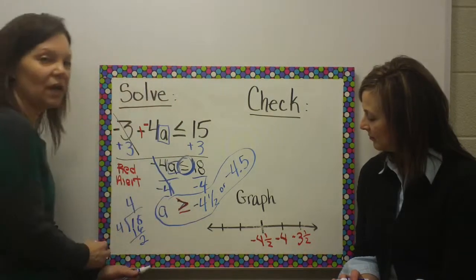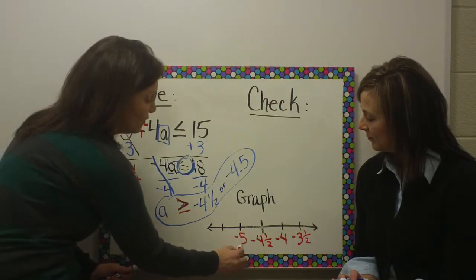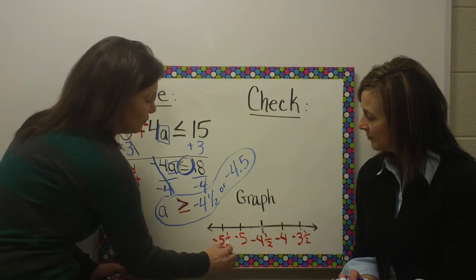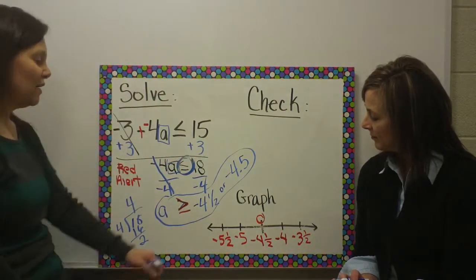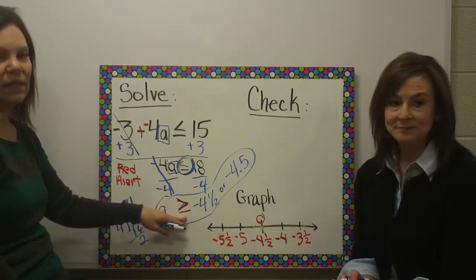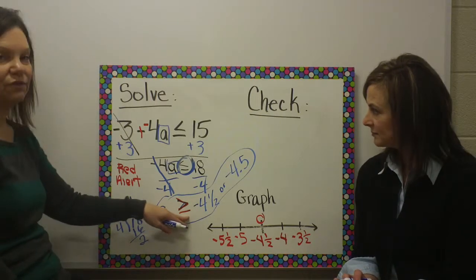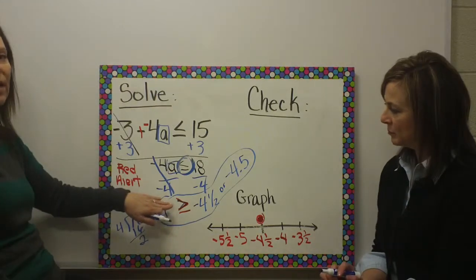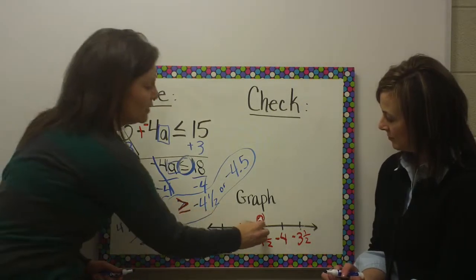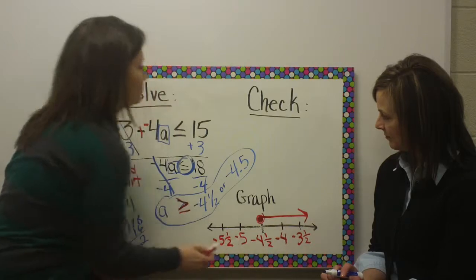In the opposite direction, -5, -5.5. I'm going to put a circle above my -4.5. I notice in my inequality it can also be equal to -4.5, so I'm going to color my circle in. And it's all the numbers that are greater, also my arrows pointing to the right. So I will draw that in.